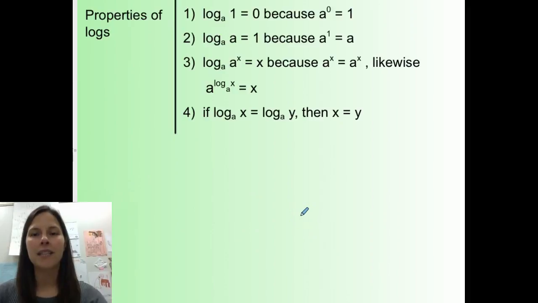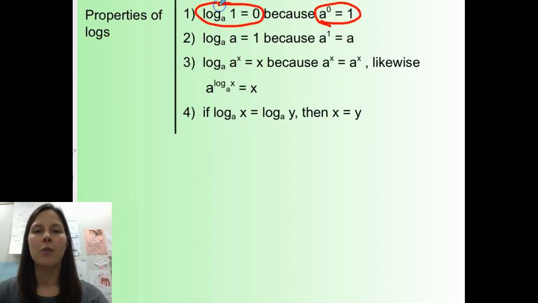And then we have some basic properties of logs, which we'll go over in relation to their exponential counterparts. Because a to the 0 power is 1, log base a of 1 is 0. Notice the answer of an exponential is what you're taking the log of. A to the first power is a, therefore log base a of a is 1.